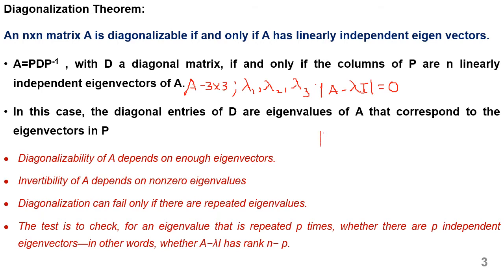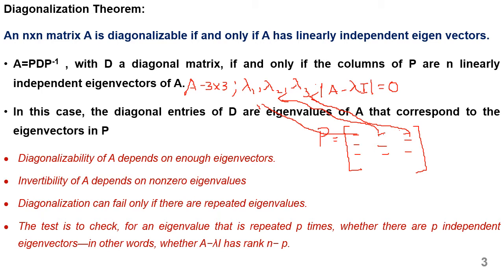Let me call P a matrix formed out of these eigenvectors. So the first column corresponds to the eigenvector computed using eigenvalue lambda 1. The second column corresponds to the eigenvector computed using lambda 2. And the third column corresponds to lambda 3.